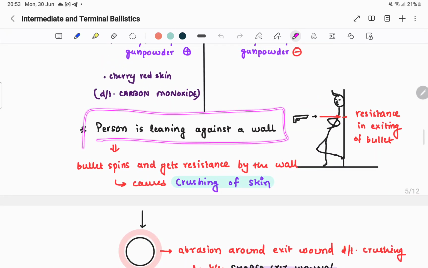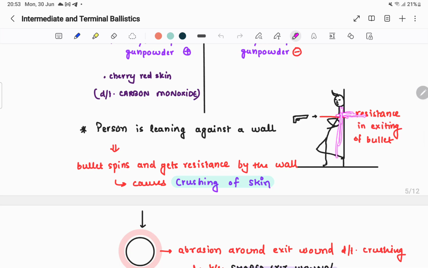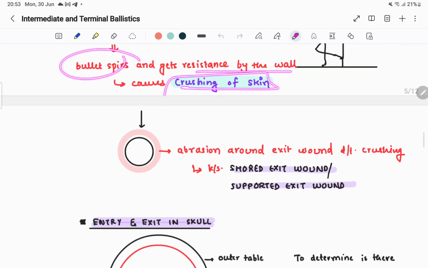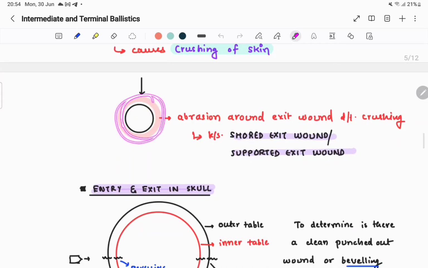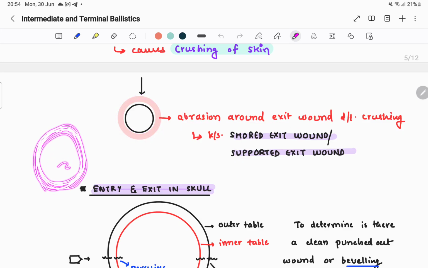If a person is leaning against the wall, there is resistance in the exiting of the bullet. The bullet can't exit easily. The bullet will spin and it will cause crushing of skin also. So here there will be an abrasion around the exit wound. Not an abrasion collar, just an abrasion around the exit wound.